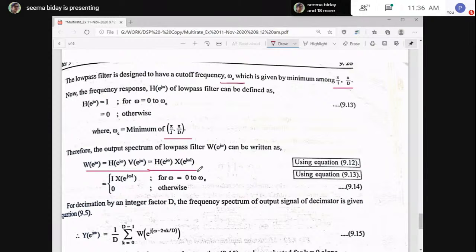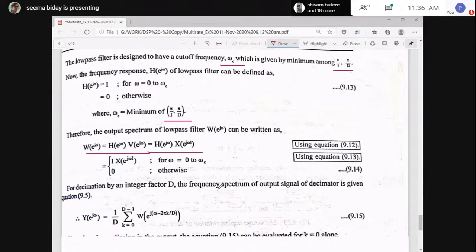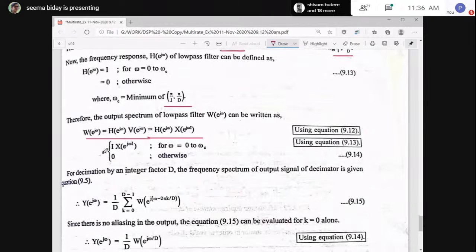Convolution is converted into multiplication, right? And similarly, we can write it this way. It is a low pass filter, because X(e^jω) is I times V(e^jω). So here it is written I into this one.